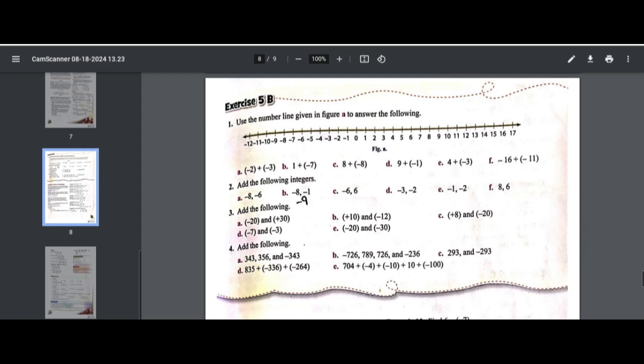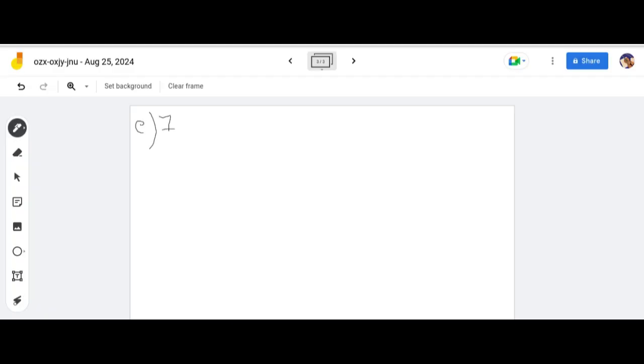Yeah, 704 plus bracket minus 4 close the bracket, plus bracket minus 10 close the bracket, and then plus 10 plus bracket minus 100, close the bracket. Just this.